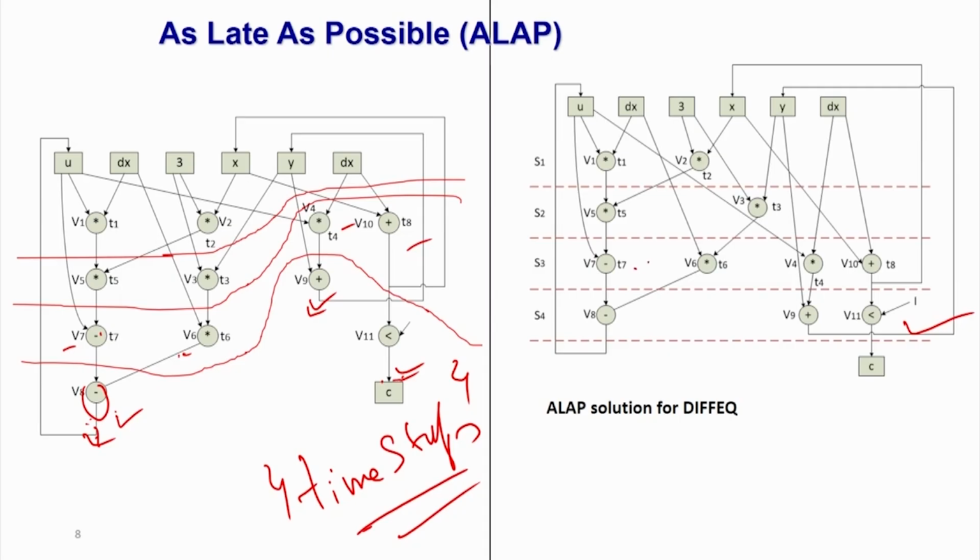So, I am going to schedule V7, V6, V4 and V8 in time step 3. Then I reduce the time step by 1, and I find these 2 operations have to be scheduled, because they are next. I schedule them here, and finally, I have to schedule these 2 operations in the first time step. So, this is what the ALAP operation gives.